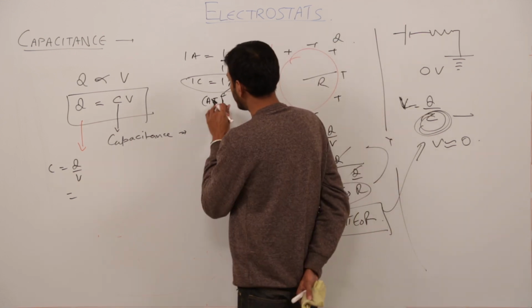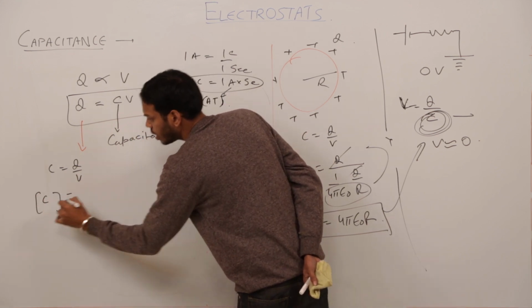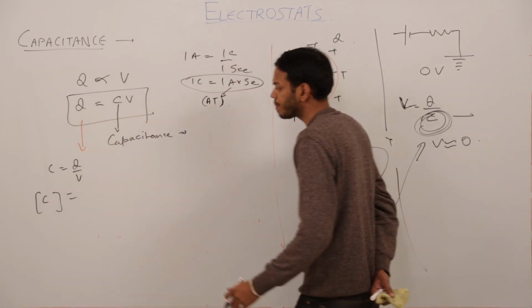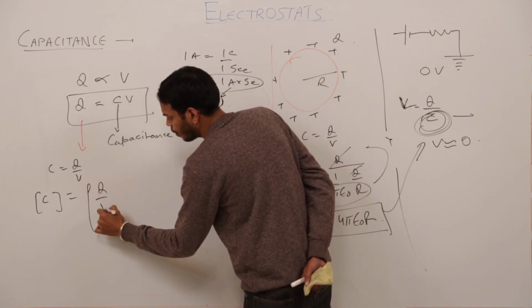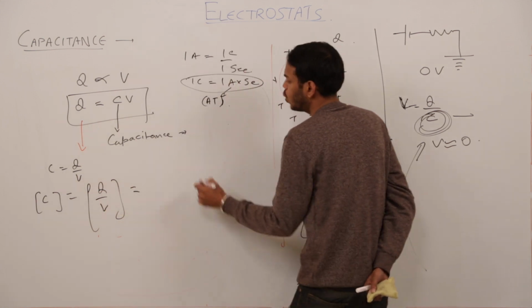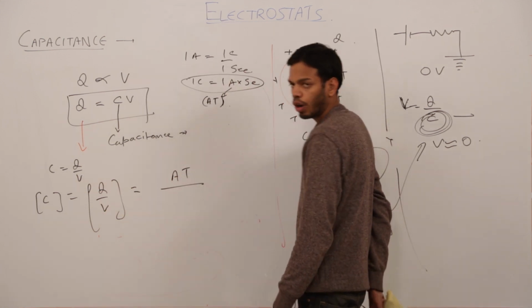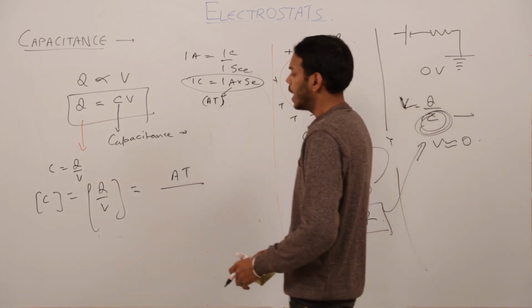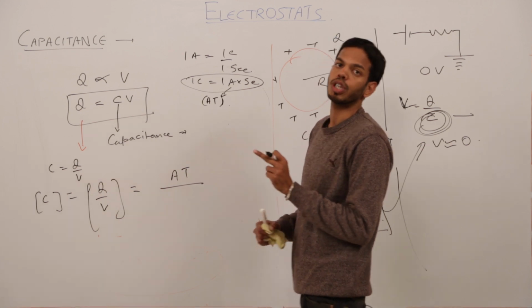Coming to this point again, I want to write the dimensional formula. Q upon V: Q is A into T. What would be the dimensional formula of V? What was the basic definition of potential?